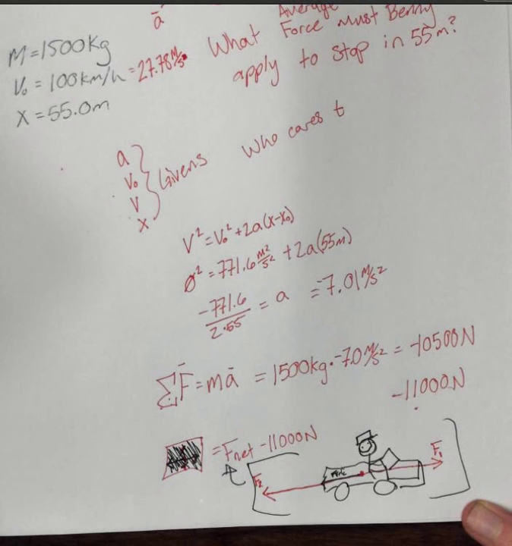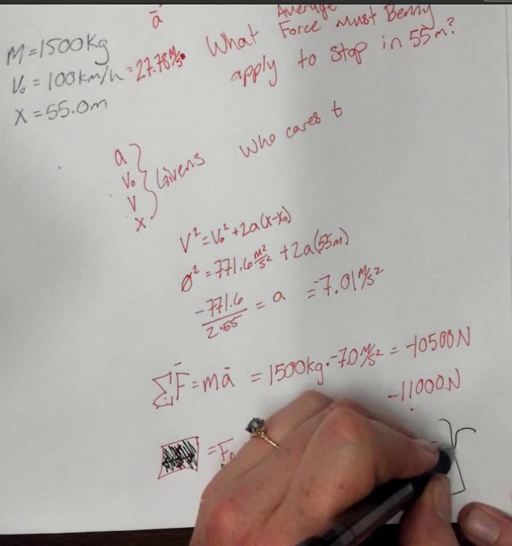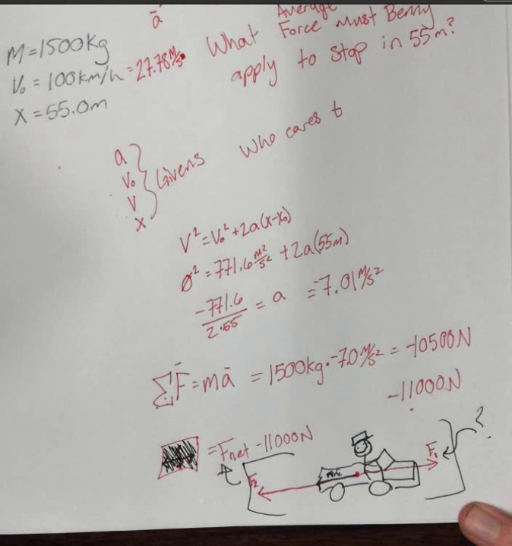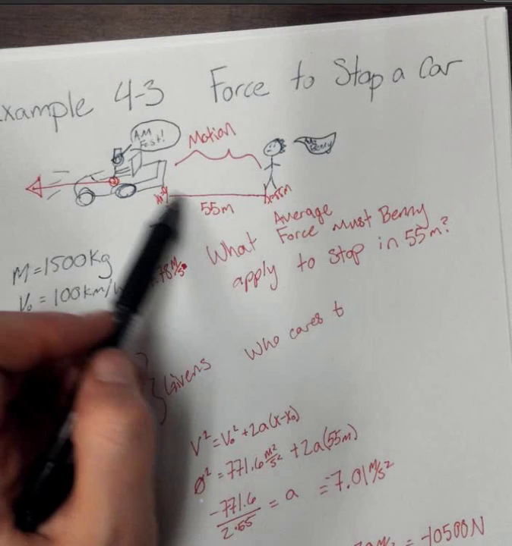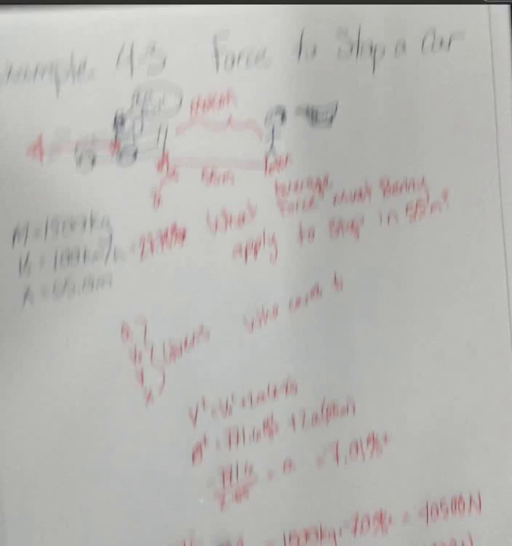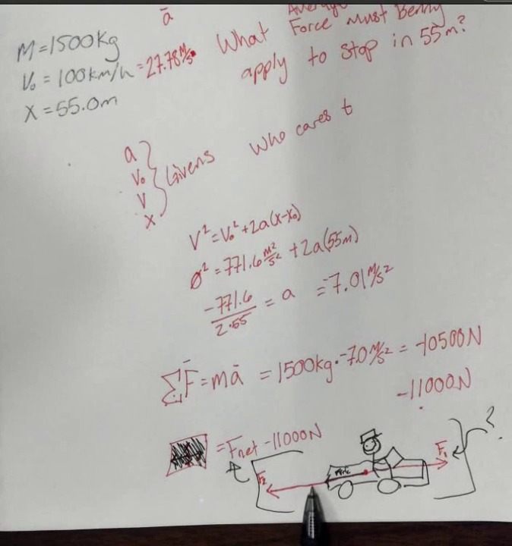And so that's something we're going to take a look at: how do you figure these things out on the inside? How do you take the overall acceleration, the overall motion that was caused as a result of the force, and break it into each individual piece of force that caused that motion? That's going to be something really important that we're going to be investigating as we move forward in this unit.